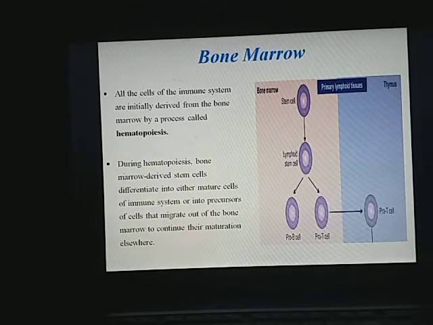Then bone marrow. All the cells of the immune system are initially derived from the bone marrow by a process called hematopoiesis. During hematopoiesis, the bone marrow derived stem cells differentiate into either mature cells or precursors of cells that migrate out of the bone marrow to continue their maturation elsewhere, for example T lymphocytes in the thymus.